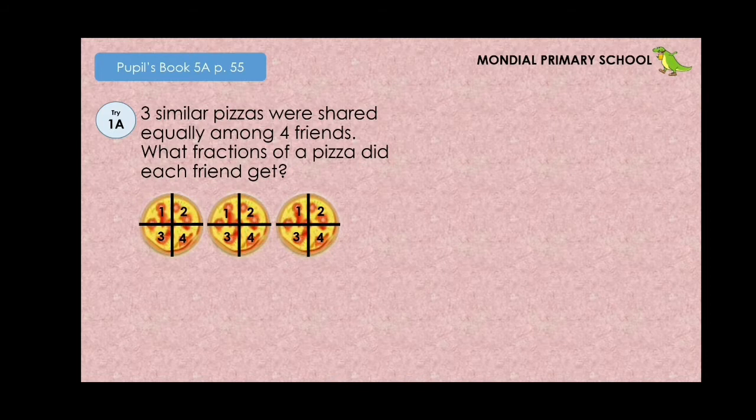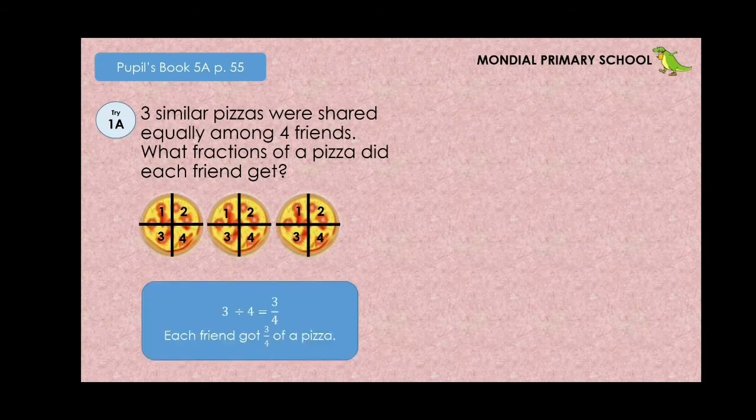Good job! Each person got 3 slices or 3/4 or 3 out of 4. Indeed, 3 divided by 4 equals 3/4 or 3 out of 4.